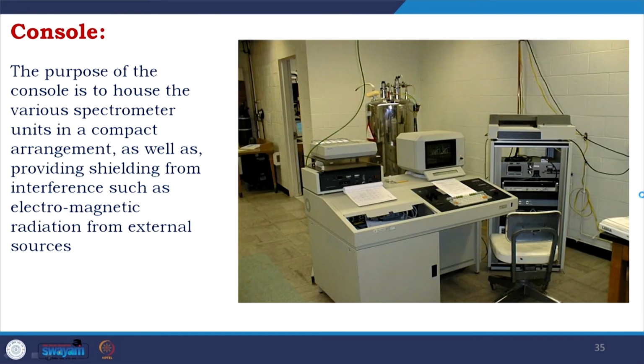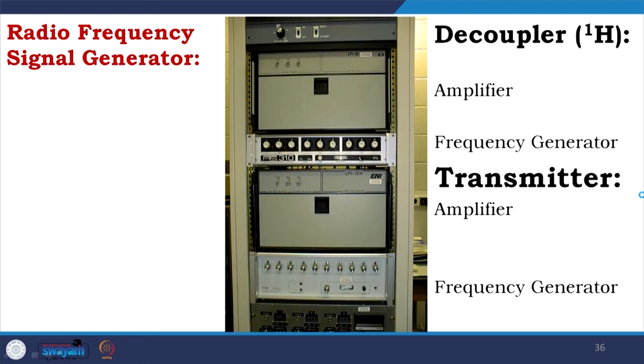Console. The purpose of the console is to house the various spectrometer units in a compact arrangement, as well as providing shielding from interference such as electromagnetic radiation from external sources. This is a console with a computer. Radio frequency signal generator: if you look here you will see two parts, decoupler and transmitter, both of which have an amplifier as well as a frequency generator.